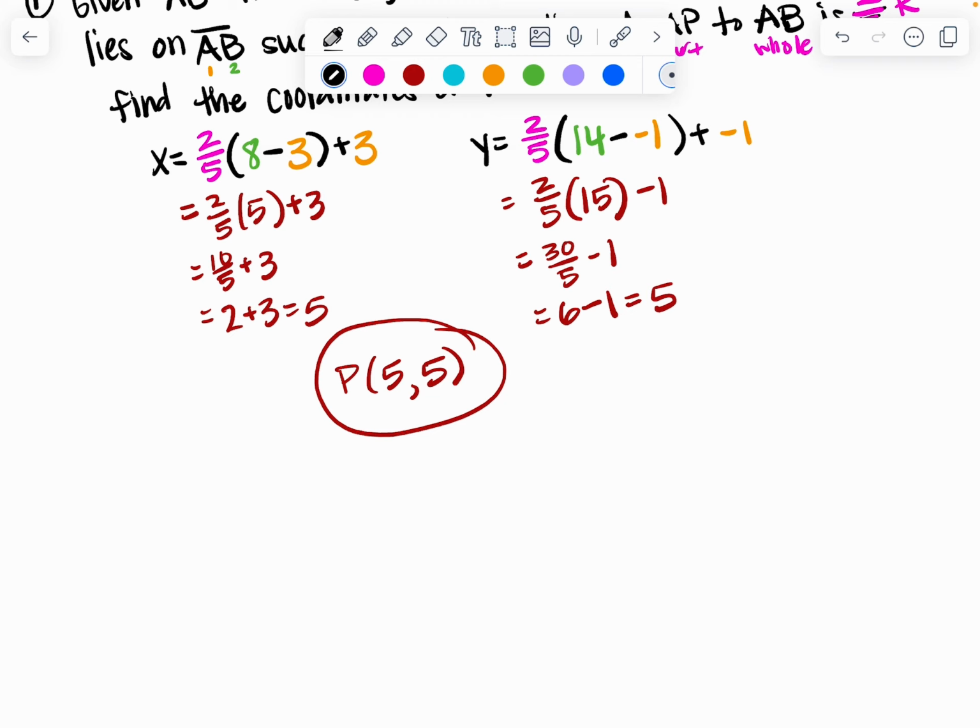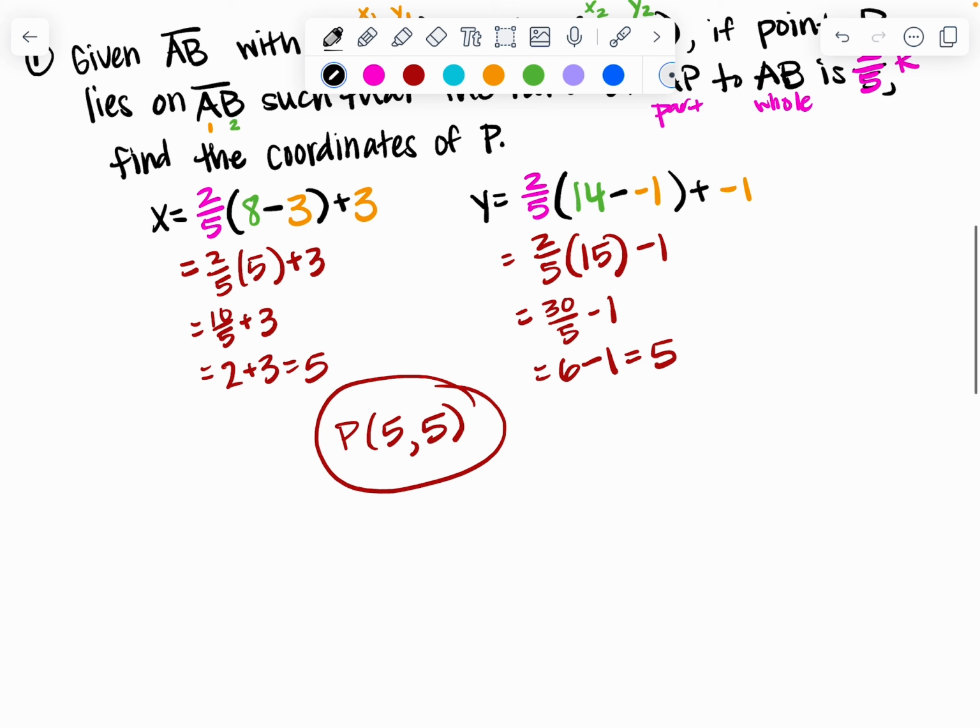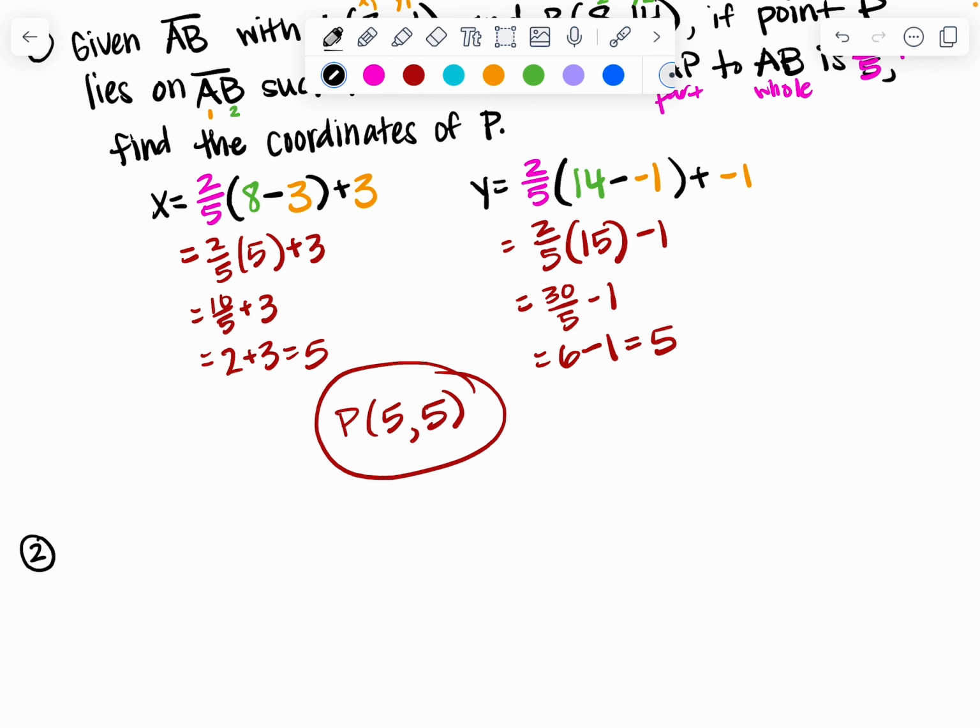Okay, now let's do one where we're given a ratio, not in the form of a fraction.